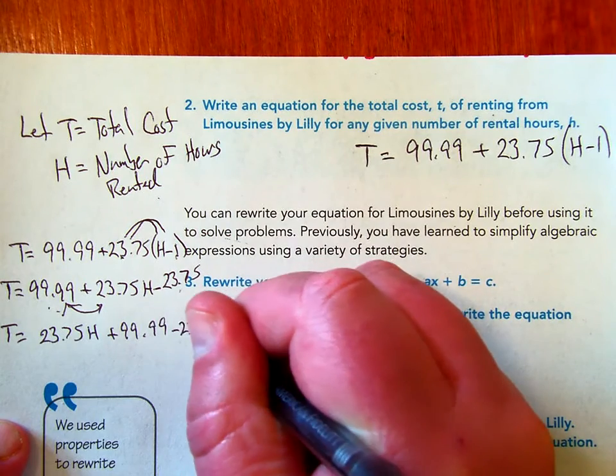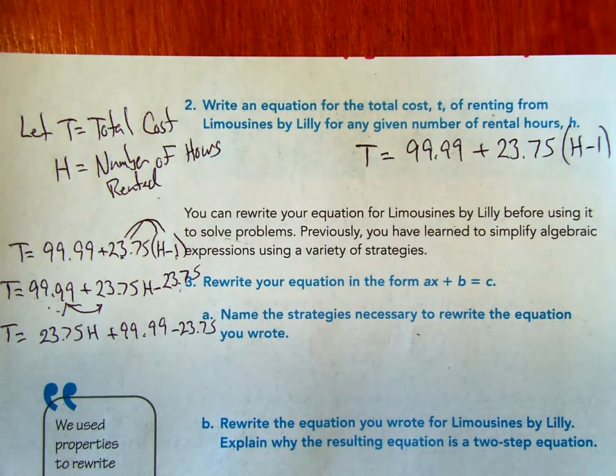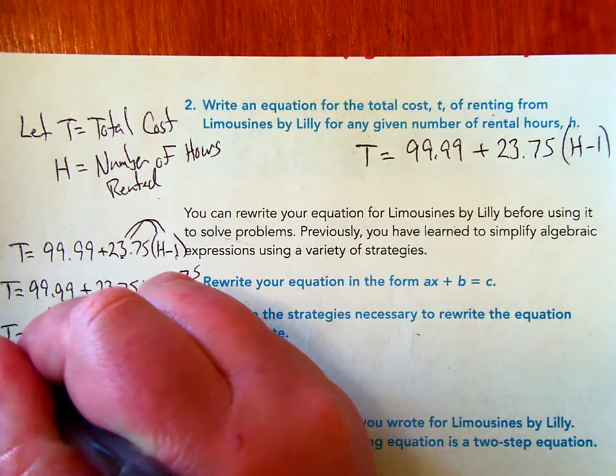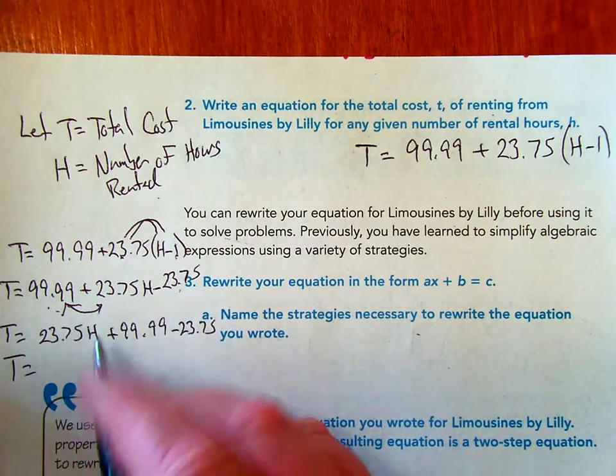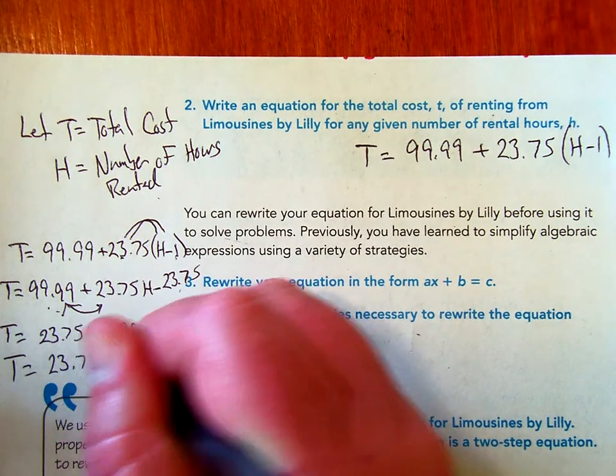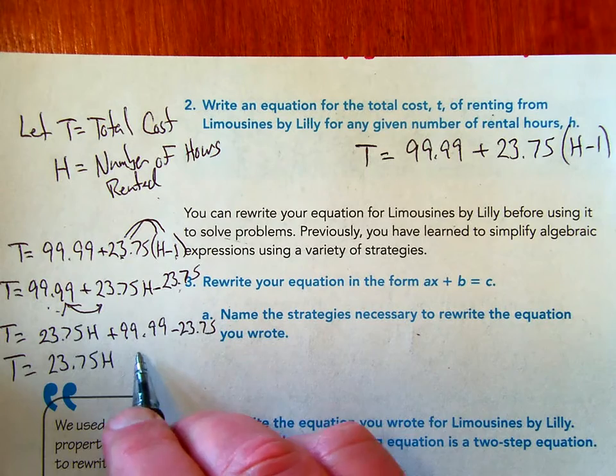I could do that by hand, but again, calculators are nice. 99.99 minus 23.75 is 76.24. So T equals 23.75 times h plus 76.24.